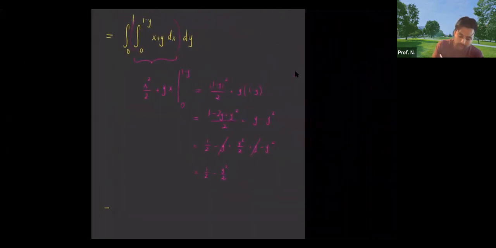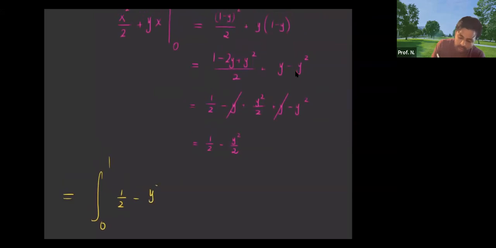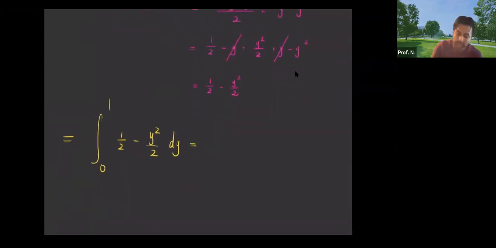So then when I continue with my second level of integration here, this becomes the integral of 1/2 minus y squared over 2 dy. And then when I integrate this, I get what? I get 1/2 y minus y cubed over 6, because I divided by 3. 3 times 2 underneath will give you 6.